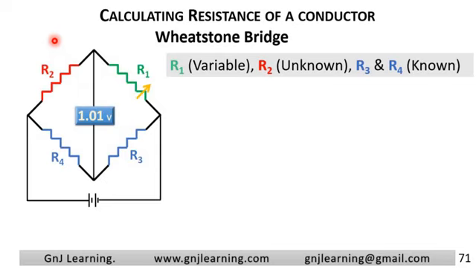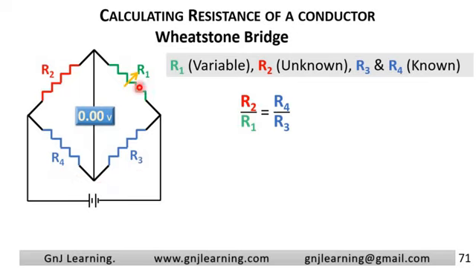When I moved up a bit, the voltage decreased, so I moved further and the voltage here is now 0. If the voltage difference between the two series connections is 0, then the ratio between these two will be equal to the ratio between the other two, and it's given like this: R2 by R1 is equal to R4 by R3.